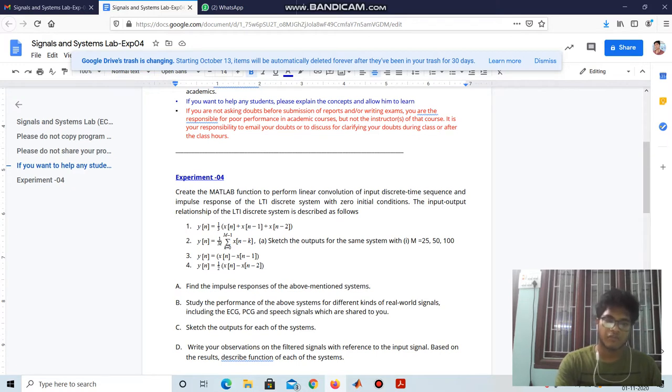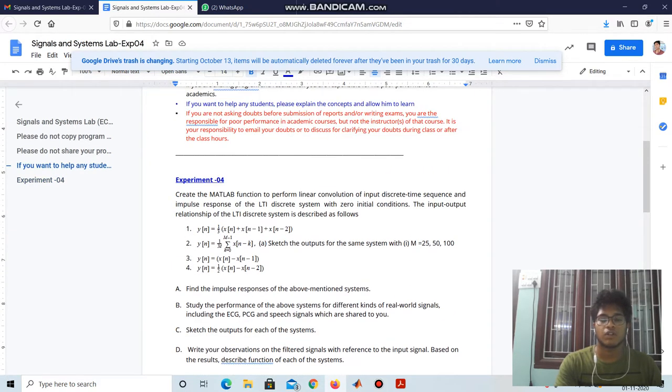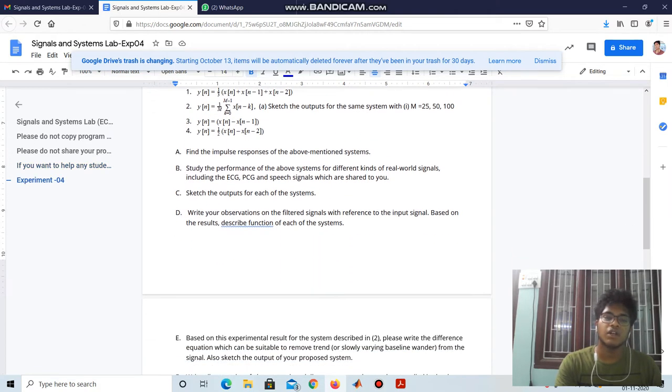After finding the impulse response of the given system, we have to perform the convolution of the given input signals with the impulse response of the above systems. The input signals include ECG, PCG, and speech signals which are shared to us. After that, we have to sketch the outputs of each system.